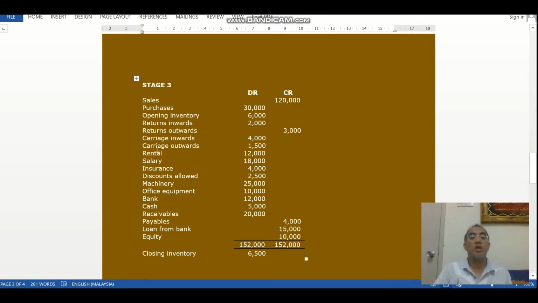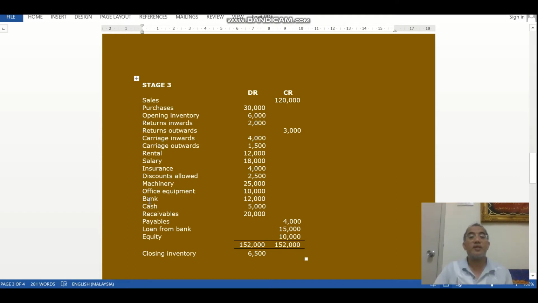Same goes to our carriage outwards. Carriage outwards is also known as the transportation charges. When we send the goods outside to our customers, we distribute our goods, so that is also considered carriage outwards.